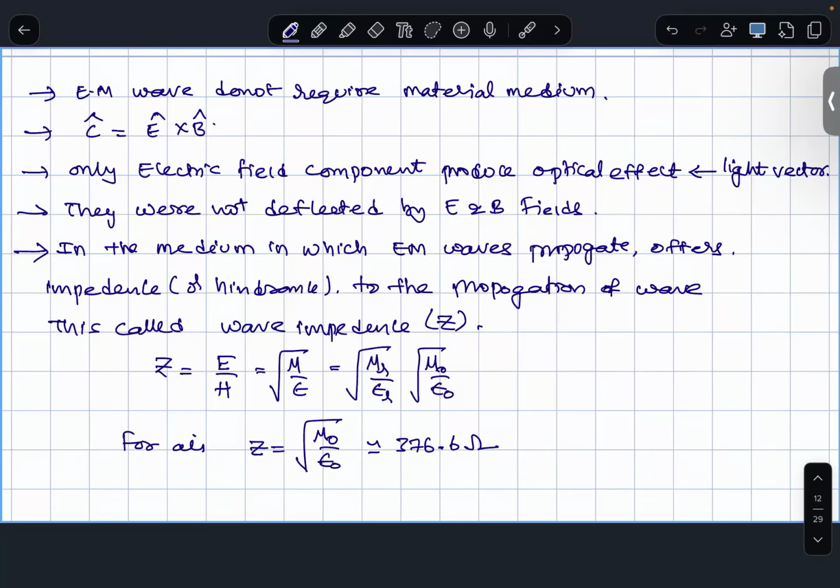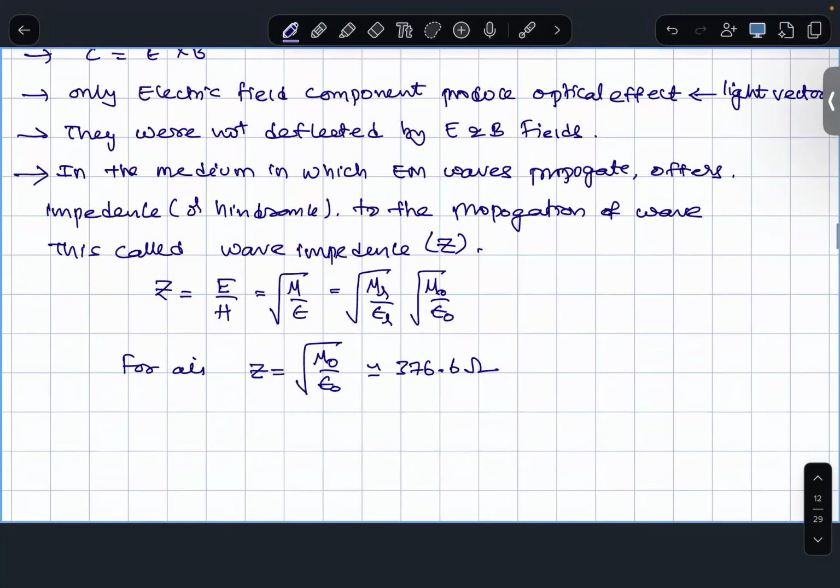And one more important point: electromagnetic waves are oscillating fields, so they should satisfy the condition: del square B by del x square is 1 by c square times del square B by del t square, or del square E by del x square is 1 by c square times del square E by del t square, for a plane electromagnetic wave.